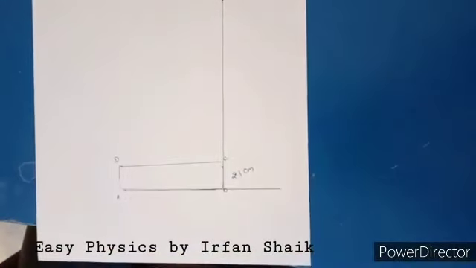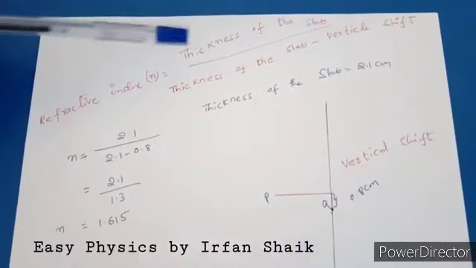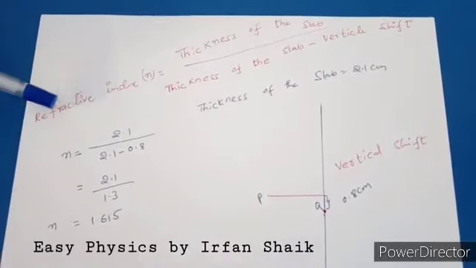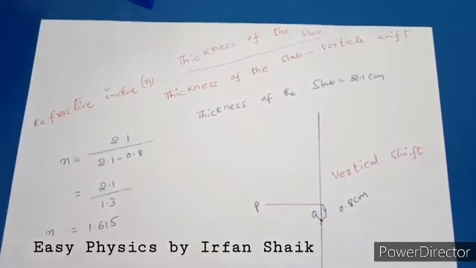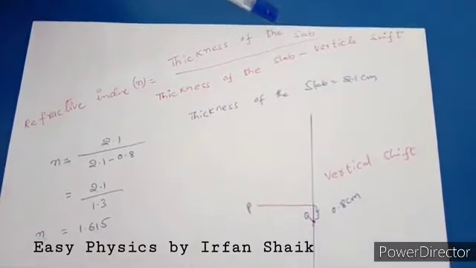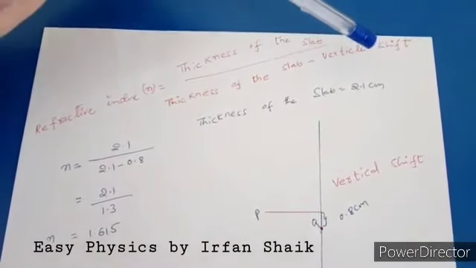Here is the formula to find the refractive index of the material. The refractive index n is equal to the thickness of the slab divided by the thickness of the slab minus the vertical shift.